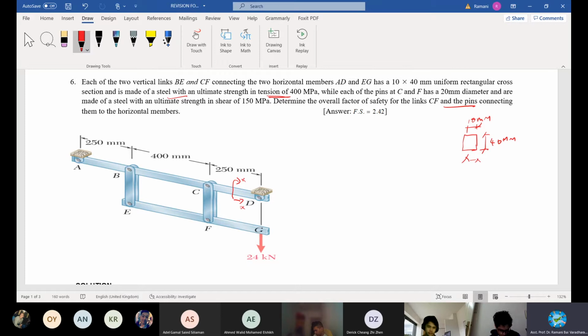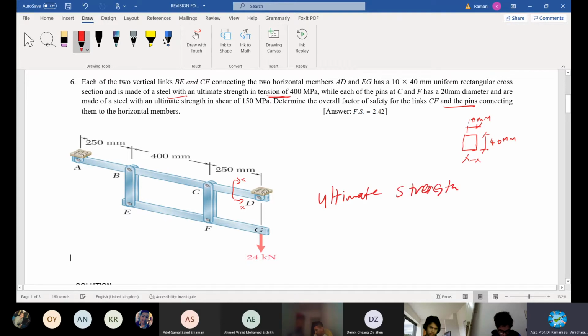So, what else is given to you? Rectangular cross section at this point, and then ultimate strength are given. What is ultimate strength? Quickly, Kankanala, one by one, quickly answer me. What is ultimate strength? Due to the material, right? Ultimate strength is referring to strength or stress.